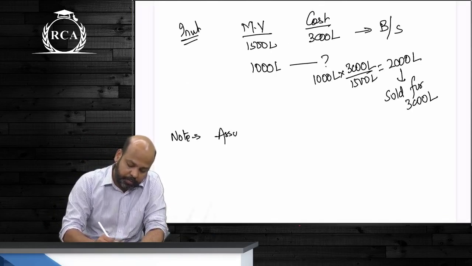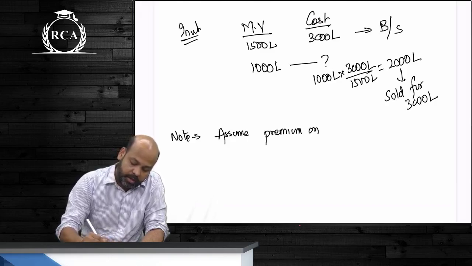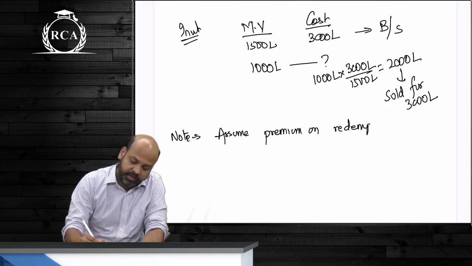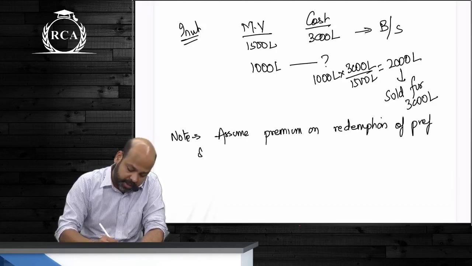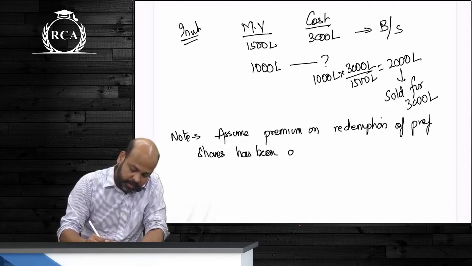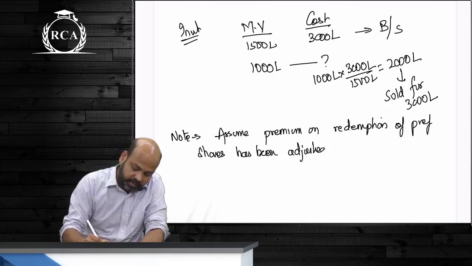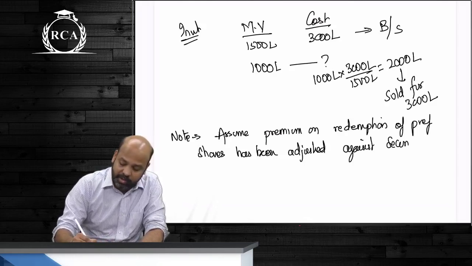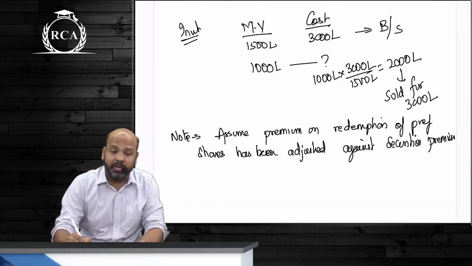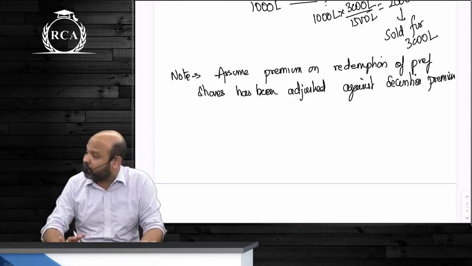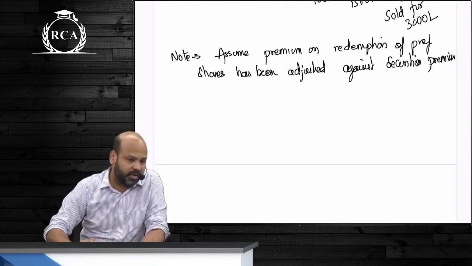Assume premium on redemption of preference shares has been adjusted against securities premium. Write that note clearly. They are specifying this. They're asking us to compute what is the balance of securities premium after redemption of preference shares.